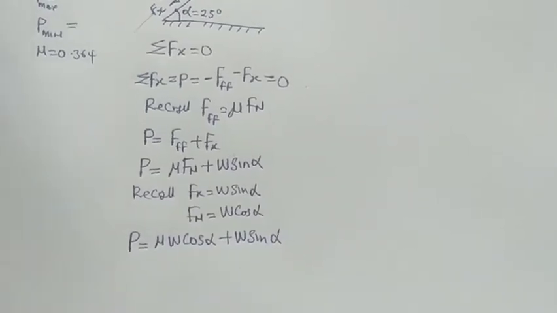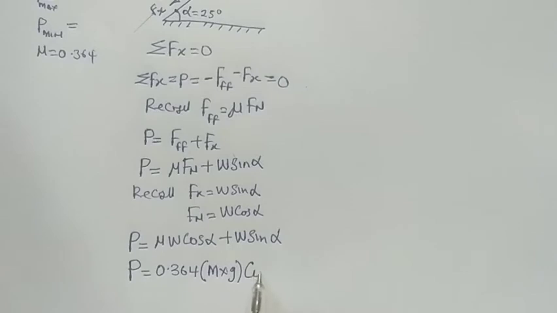So if we put our formula here, we are going to be having the force P will now be mu, which is given as 0.36364. Then the weight will be given as mass times gravity.